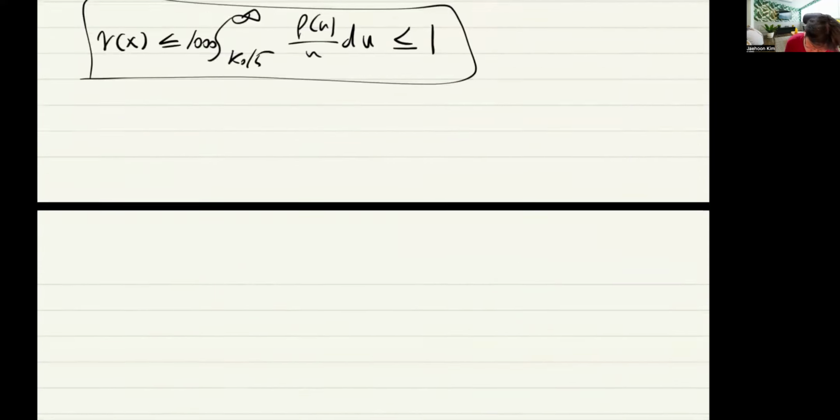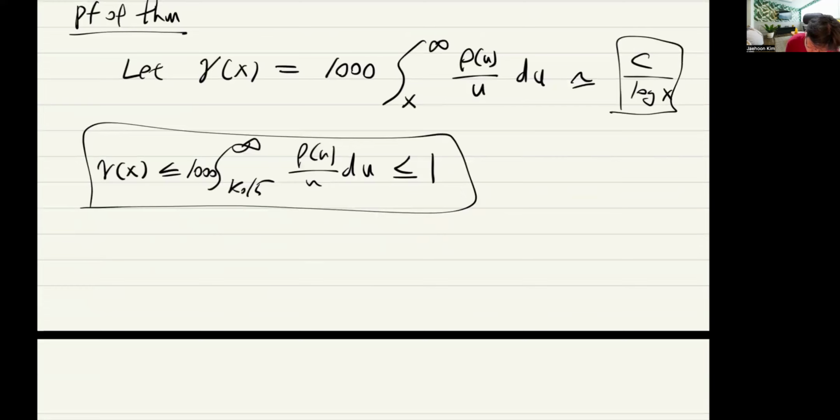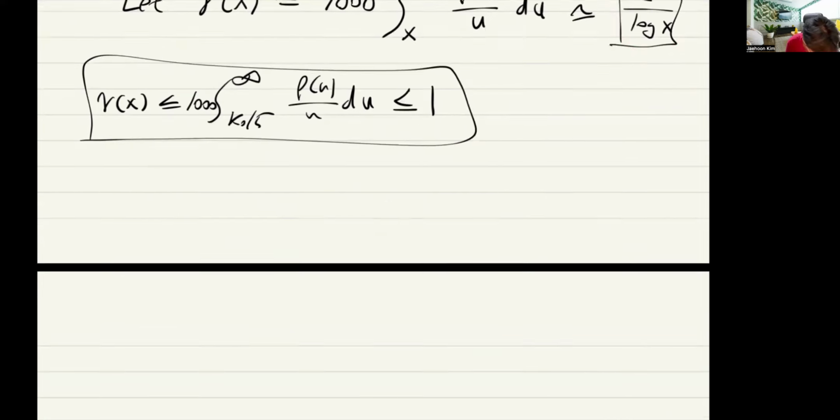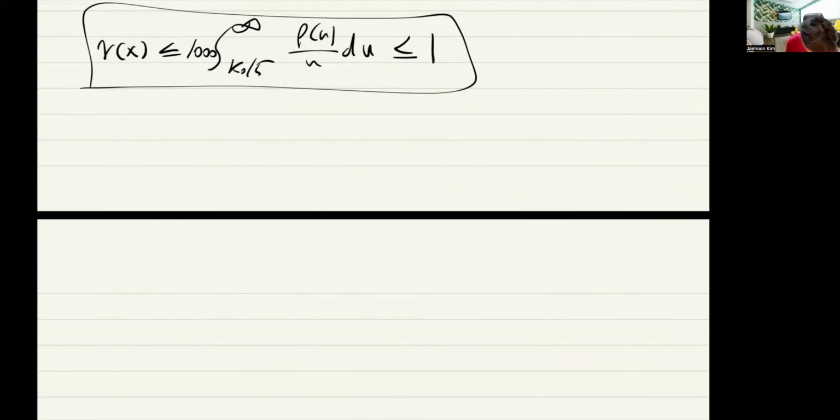Okay, and why do we need this function? This function is roughly 1 over log, and that gives us the following function on graphs.